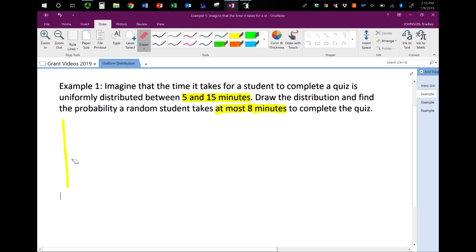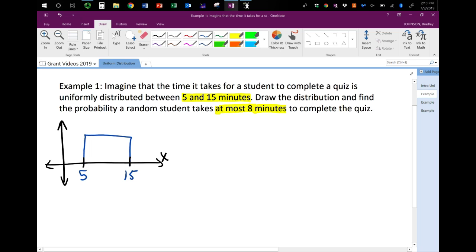So I'm going to start with my axes. Okay, x goes here. 5 and 15 minutes. So I'm just going to mark 2 spots. There's my 5, there's my 15. Now, we've created a rectangle and a uniform distribution. We have equally likely events to occur anywhere in between.